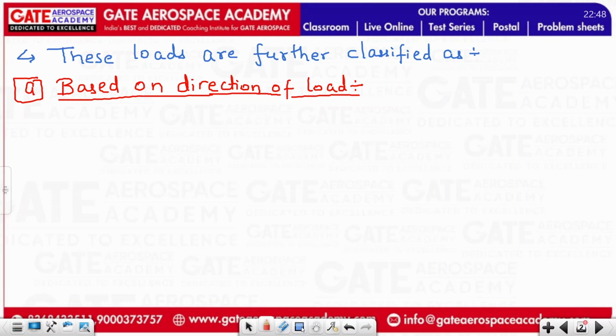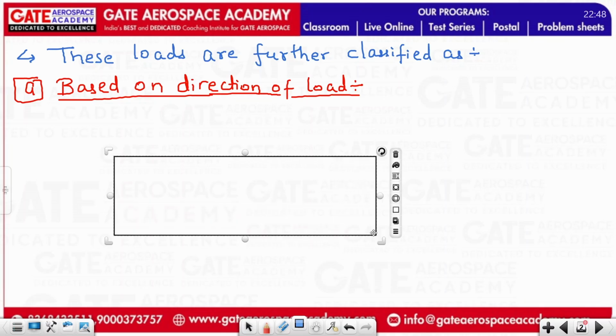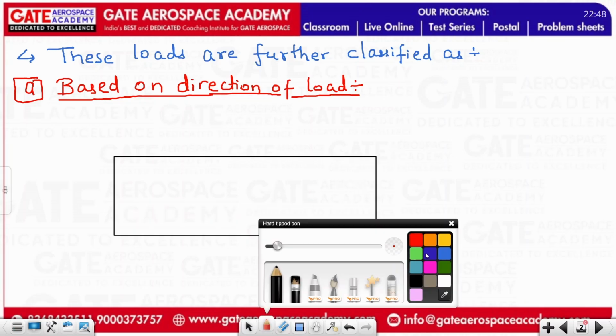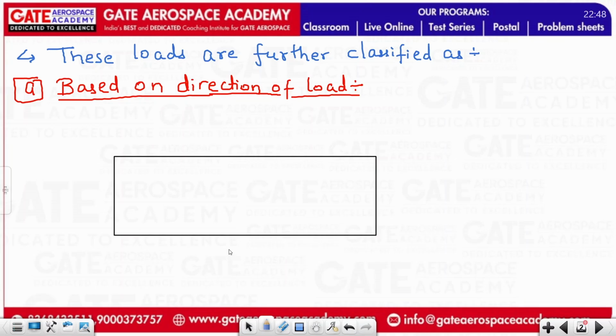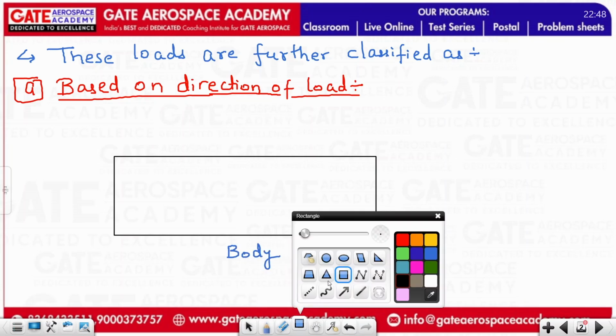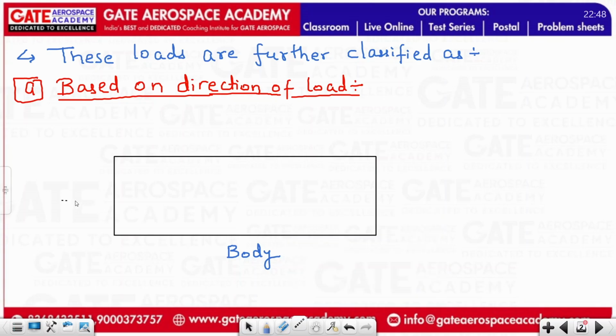There are various methods. Let us take a particular body that is in front of you. Along this body, from the center, this particular axis will be known as your longitudinal axis.